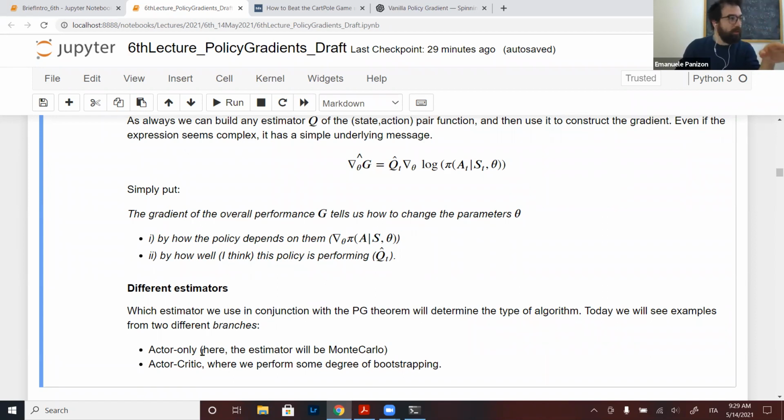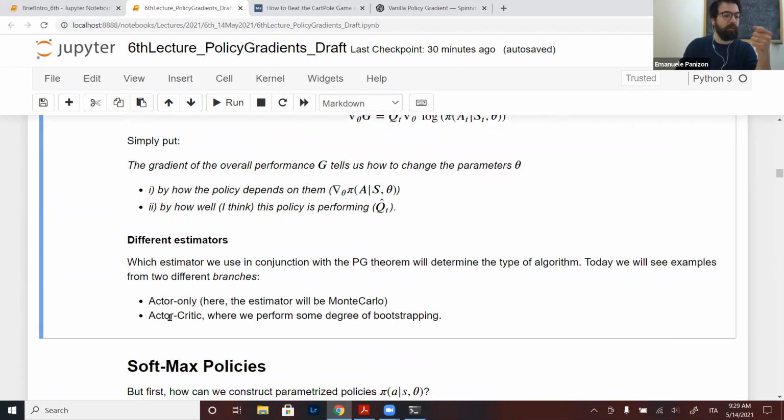One is the actor only, in the sense that the estimator will be a Monte Carlo estimator. So we will not need to compute and store a value approximation or value estimation. We will deal only with the reward we get in each episode.